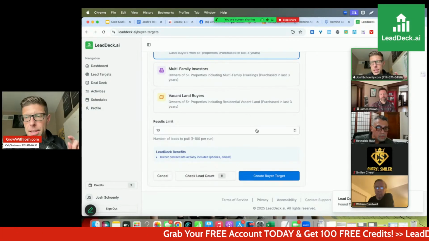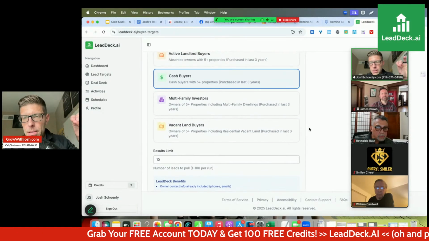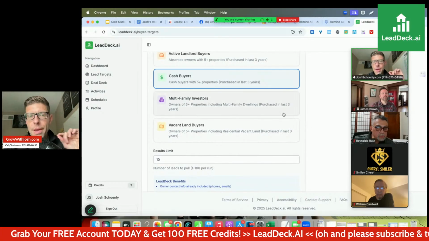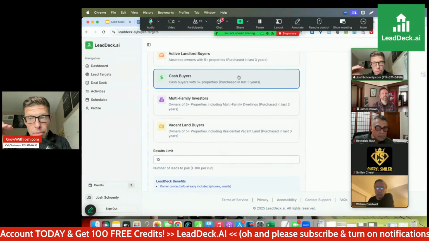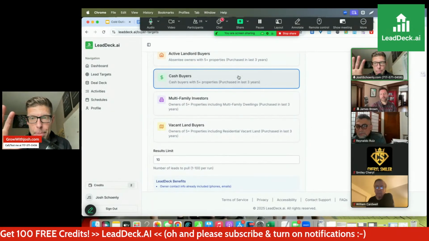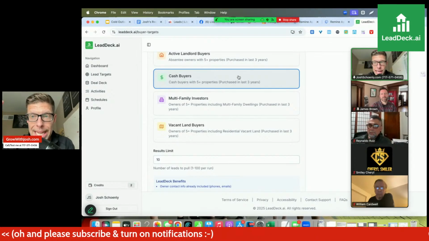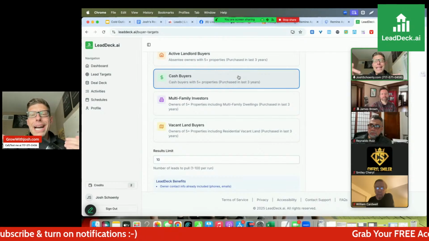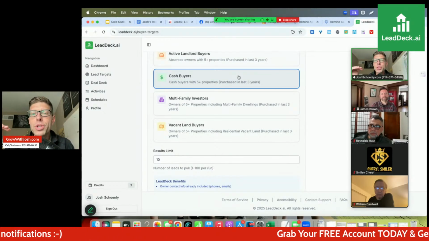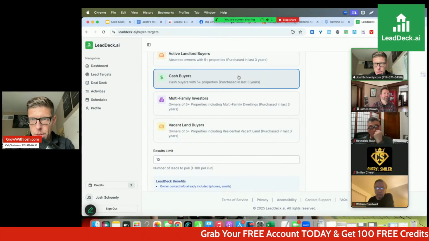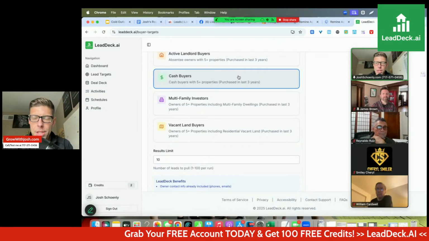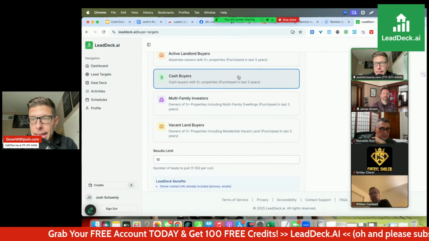What does that mean? There are 11 investor buyers that own in their portfolio at least 5 properties and have purchased at least one of them in the last 3 years cash. Now, it might not actually be cash, but there's no recorded mortgage. They might have used a line of credit or a private money lender or something like that.